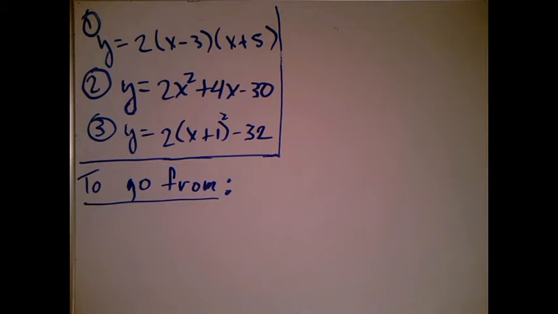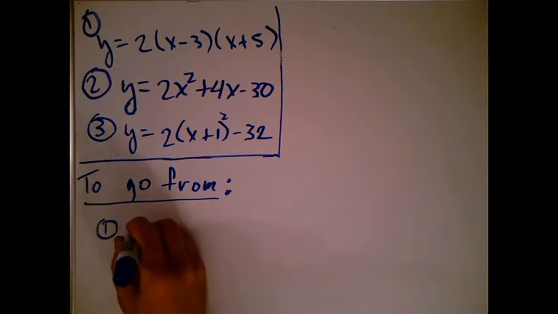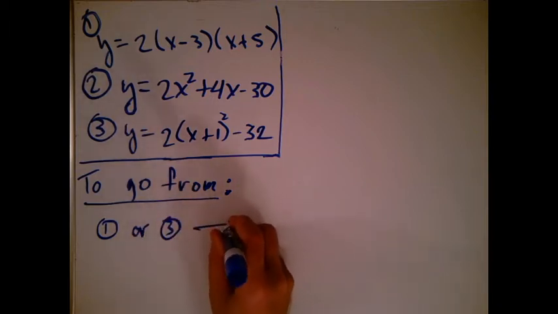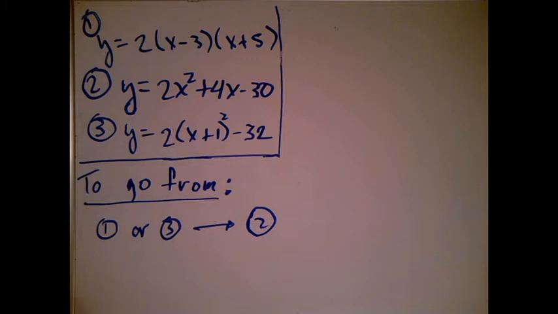I'm sure you already know how to do this, but let's just talk briefly about how to do this. So what I want to do is say, let's just write things down. To go from 1 or 2 or 3 and turn it into 2, what do I have to do? Just multiply everything out and combine like terms. So multiply out.